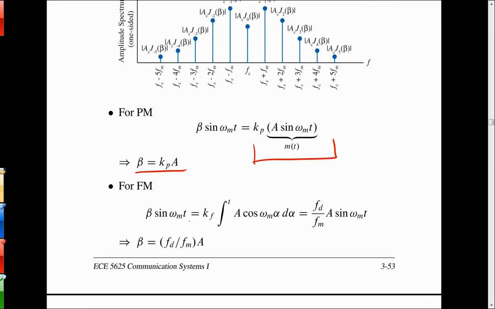If it's FM and we're putting in a sinusoidal FM type message, then we have to integrate it first. So if the message was of the form A cosine omega mt, if that's your message, throw that in the integrator that's part of the FM modulator.